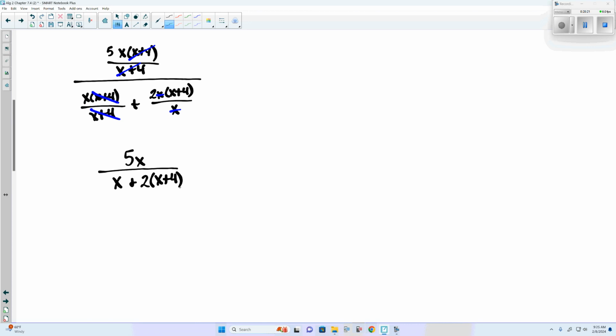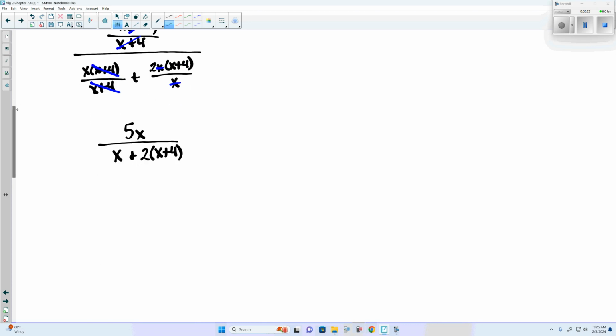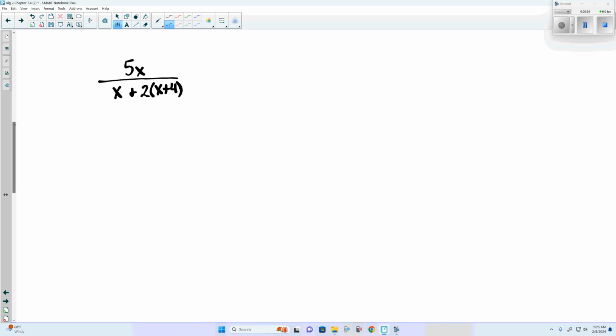Method 2 goes from our first statement, gets a little bit more complicated, and then gets way simpler, all in 2 steps. Questions up to this point, how we got to 5x over x times 2 plus x times x plus 4? We do have 2 more things we need to do, and all of them are simplifying.